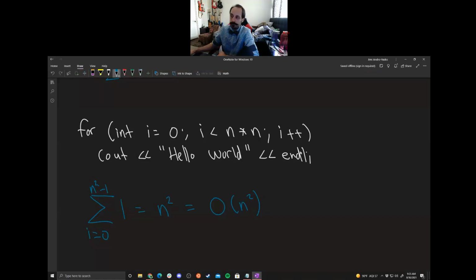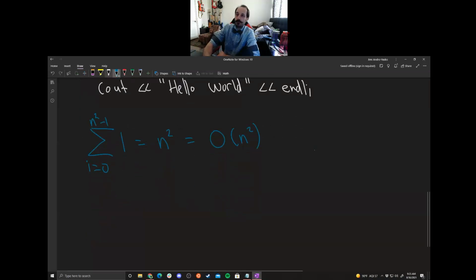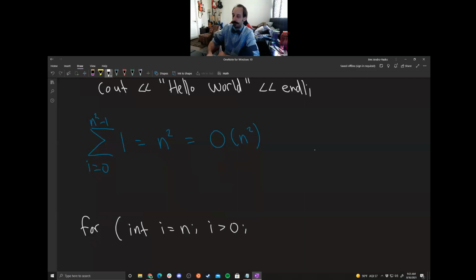So far, these are pretty elementary, but let's now go over the following scenario. For int I equals n, I greater than 0, I equals I divided by 2.